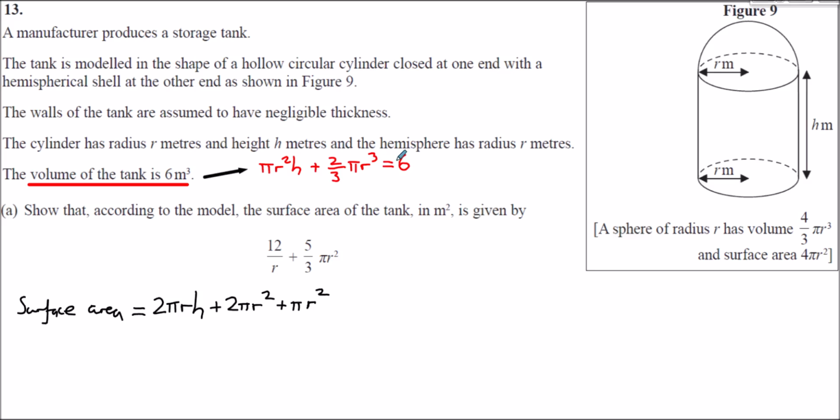So what we could do here is simplify this a fair amount, in fact. What we could do would be to have h on its own. So if I now take this and we work it, I'm going to have pi r squared h is going to be 6. Then I can subtract this 2/3 pi r cubed from both sides.